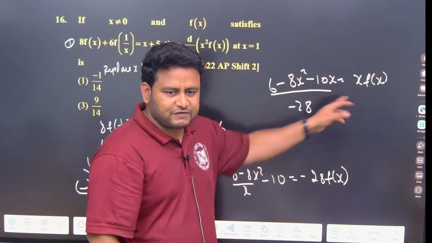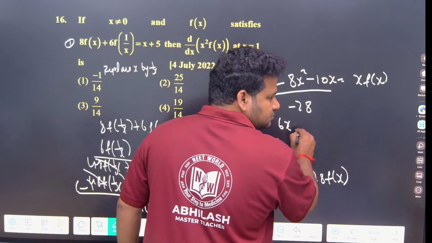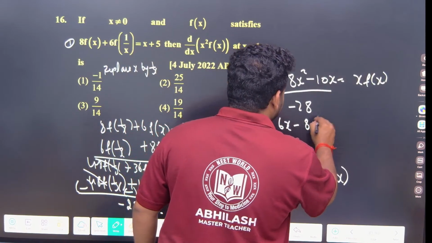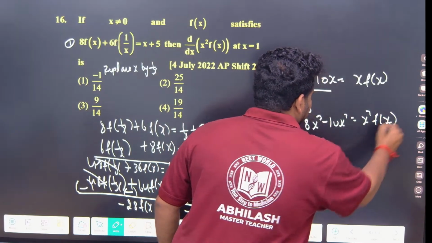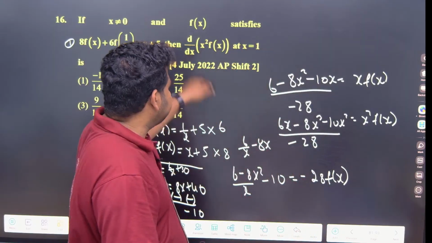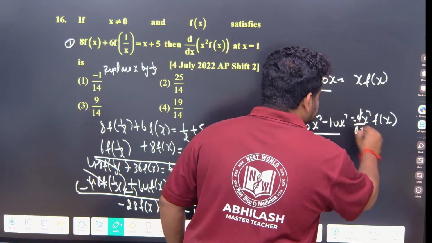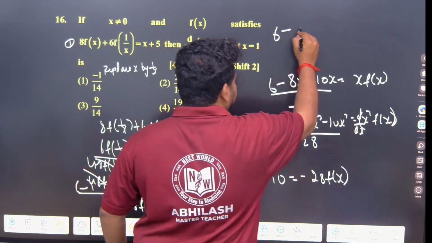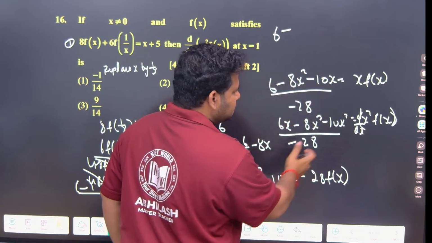I want x square f of x, which means multiply everything by x. This will be 6x minus 8x cube minus 10x square is equal to x square f of x, and this will remain minus 28 only. Now they are asking d by dx of this. We have to find d by dx of this entire thing. So this will be 6 minus 8.